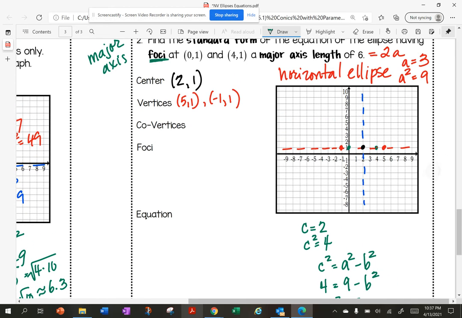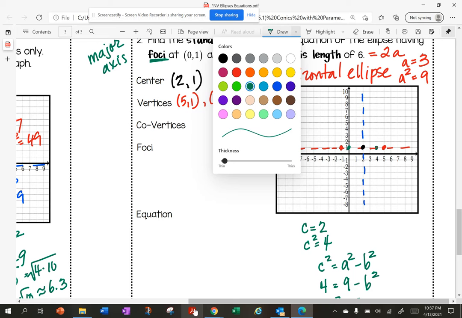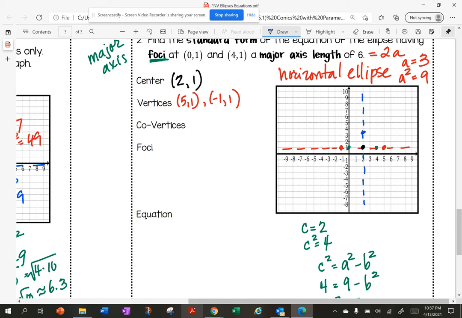So for graphing purposes, I'm going to go up 2.3 and down 2.3. So my co-vertices are at 2, and then I went up 1, up 1, and then plus or minus the square root of 5.